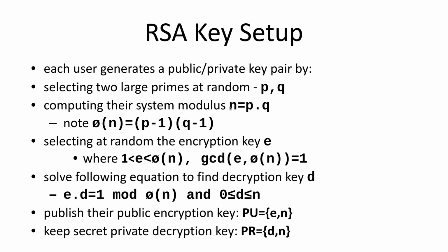So N is equal to P times Q. Once these two primes are selected, N is calculated, which is P times Q, and phi of N is calculated. We saw the theorem in the video which I had shared for PKC mathematics. Phi of N is calculated as (P minus 1) times (Q minus 1).